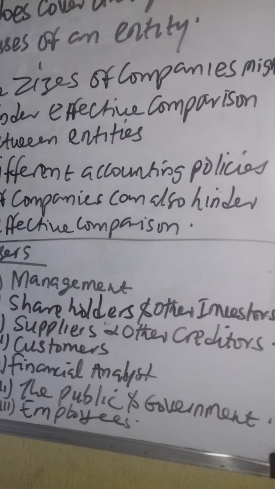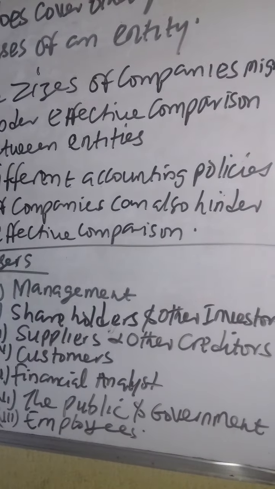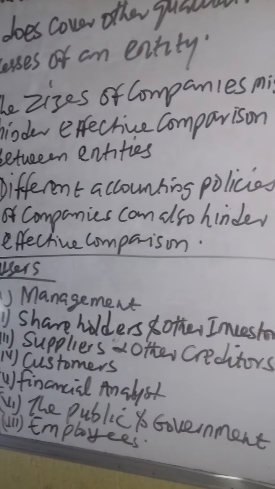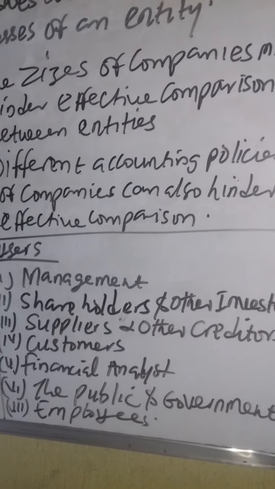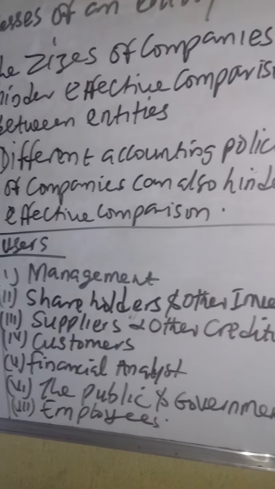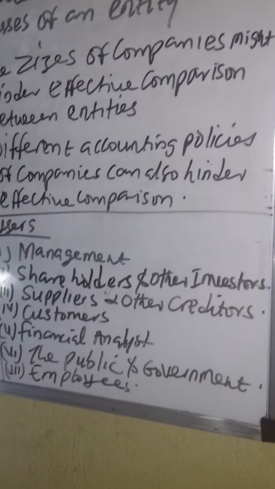Customers want to look at the going concern or the existence of a company for a longer time. Can they provide service for us for a longer period of time? Financial analysts like myself want to use the information in drawing conclusions and to all the users or clients.